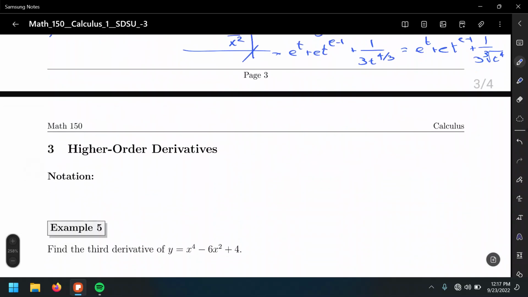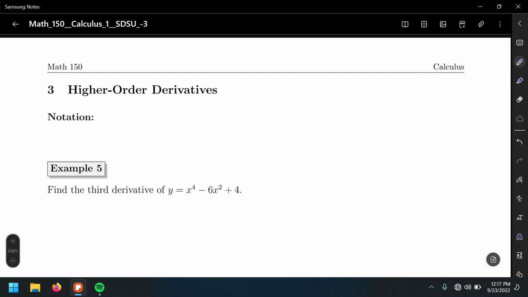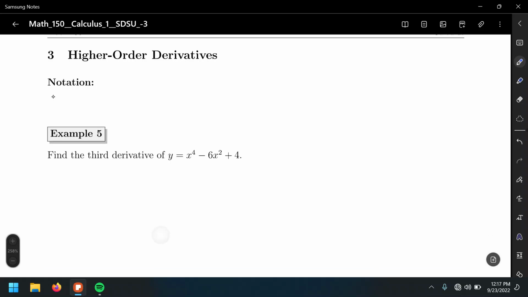Higher order derivatives. Well, in this case we can find a derivative, and then we can find the second derivative, and then the third derivative, etc. What's the notation? Well, if we use the prime notation, we go from f of x to f prime, that's the first derivative, and then the second derivative, f double prime, f triple prime.